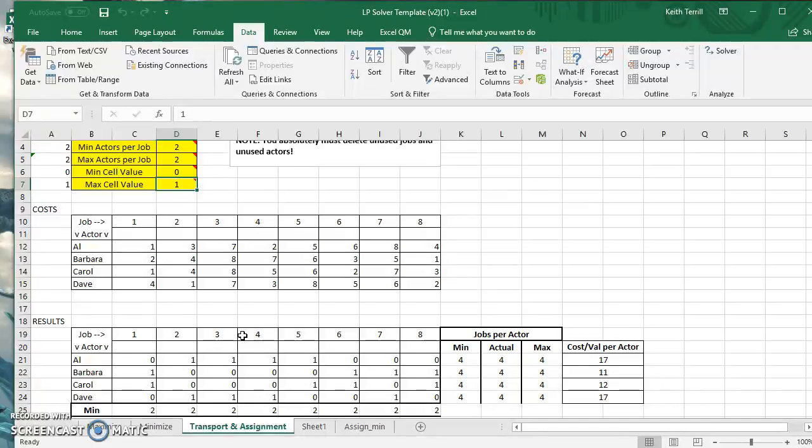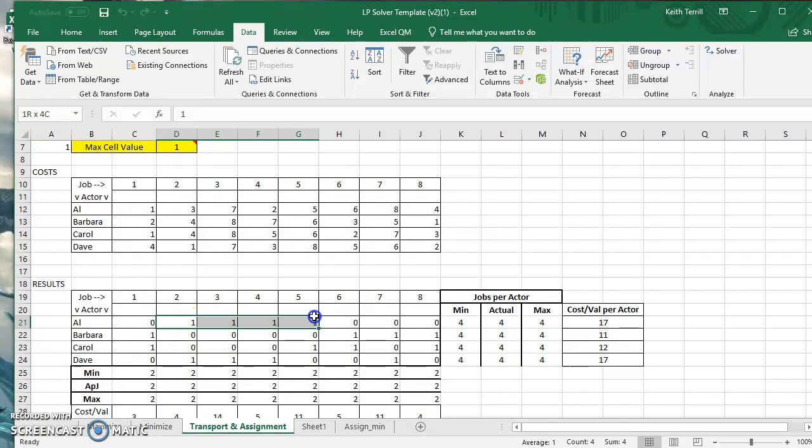And it works out that Al goes to these 4 games, Barbara to these 4, Carol to these 4, and Dave to these 4. Alright?